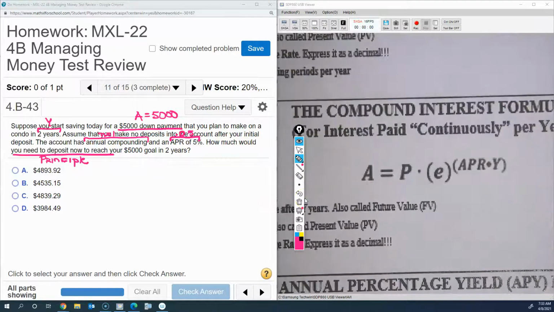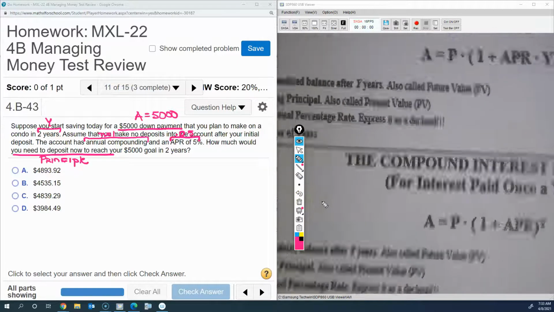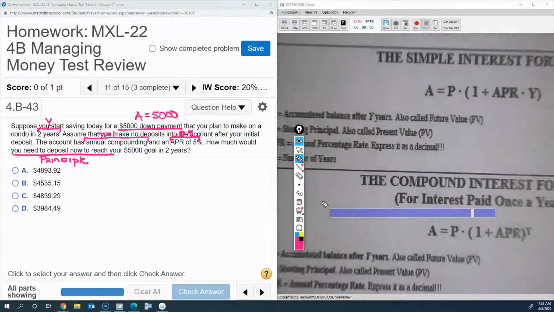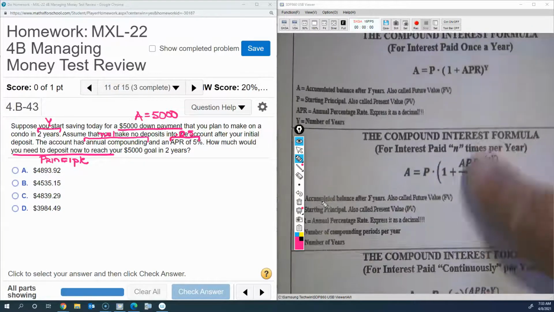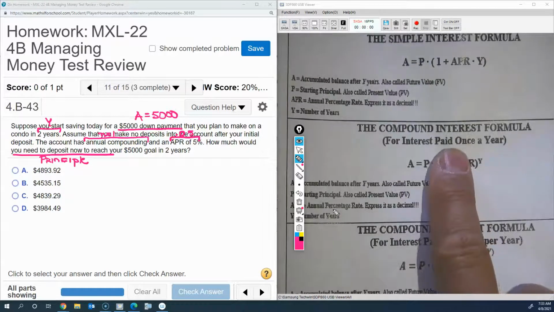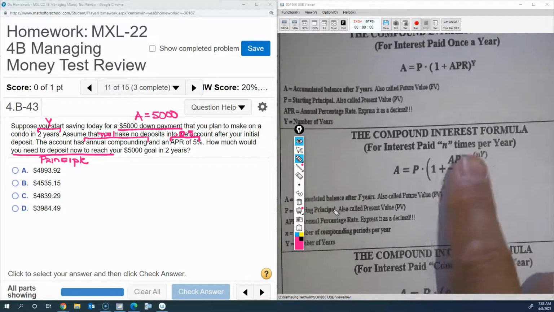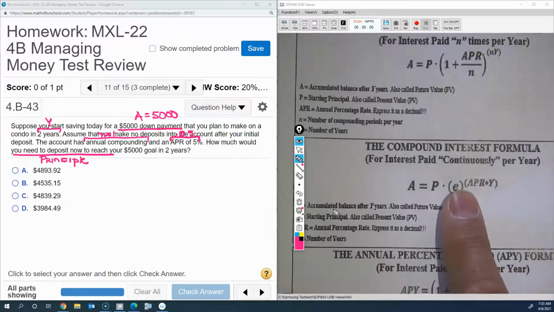All right, so since this is compounded annually, we're using this version of we got 3 compound interest formulas. This is your annual one. This is when it's more than one time a year, and this one is for continuous.